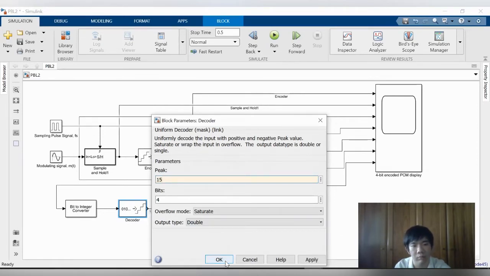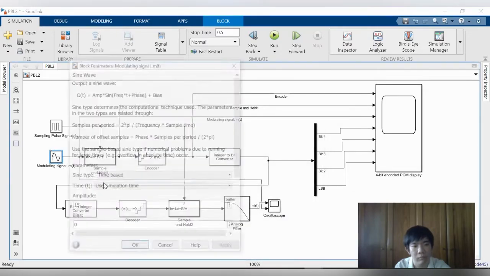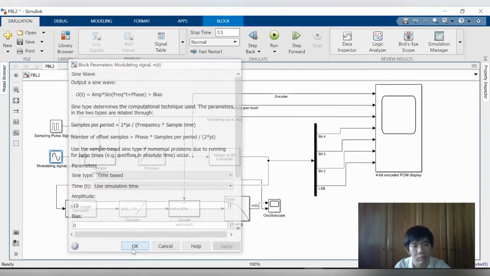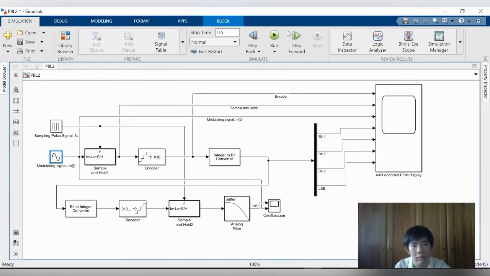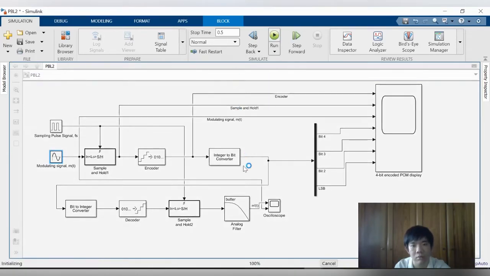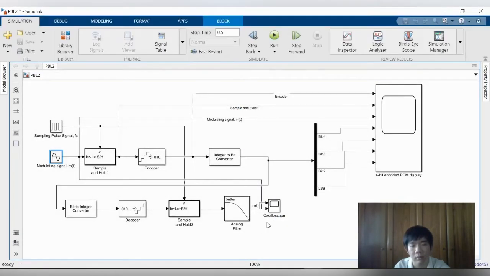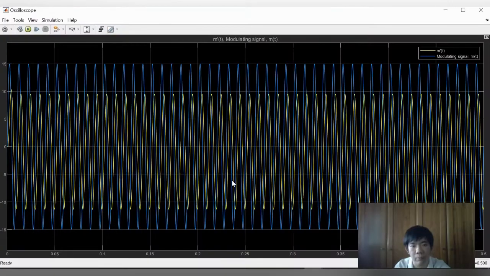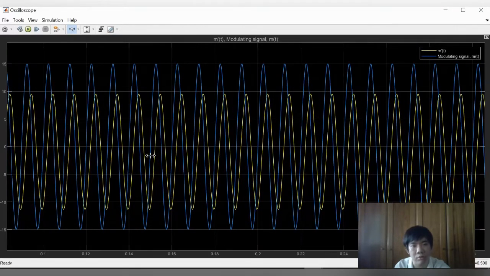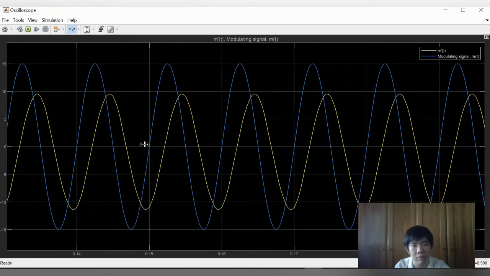And now we're going to run the simulation. We click on the oscilloscope, and this is the result. I will enlarge it to see a clearer picture.